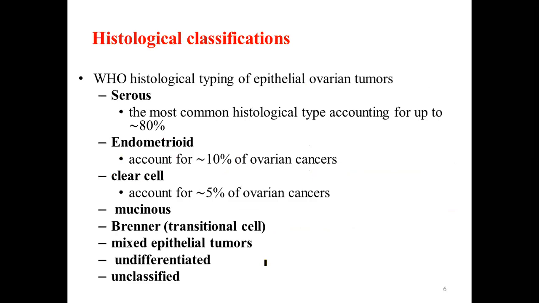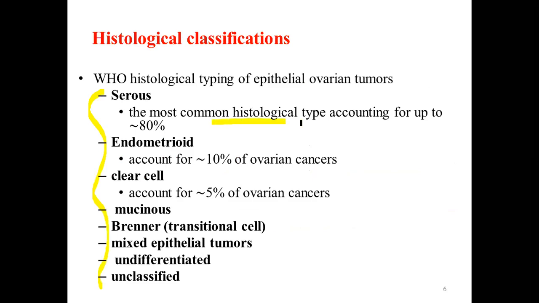According to the WHO histological classification, there are different types of epithelial tumors. You are not supposed to bother about it, but just have some idea about the histology types of epithelial ovarian tumor, because it is not within the scope for pharmacy students.